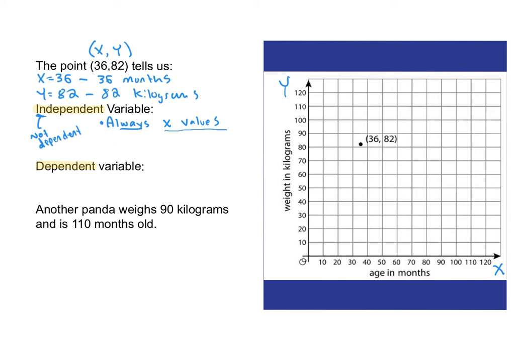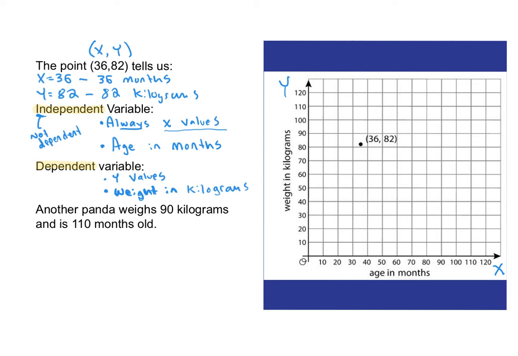Always whatever our x values are. So in this case, our independent variable is age in months. Then our dependent variable, the variable that depends on whatever is happening in our x, would be our y values. In this case, our weight in kilograms.